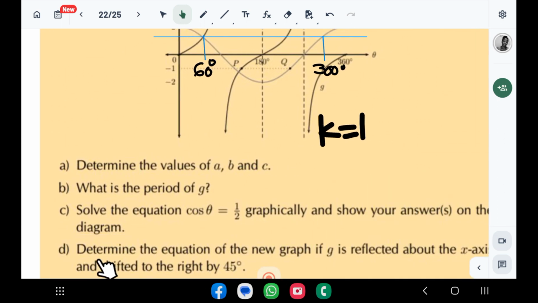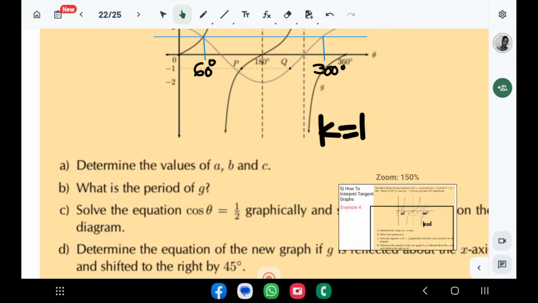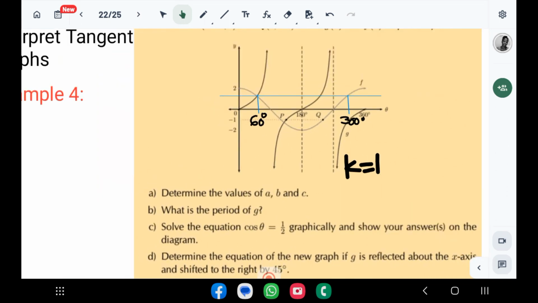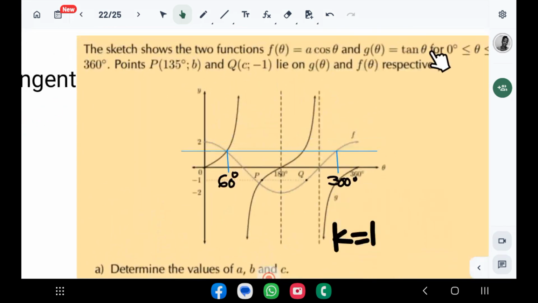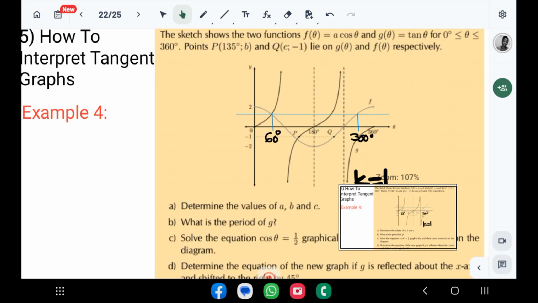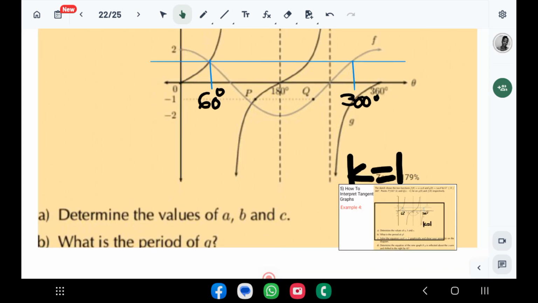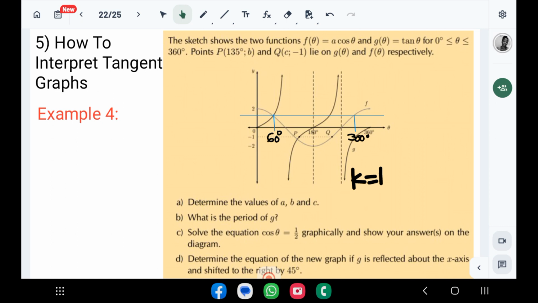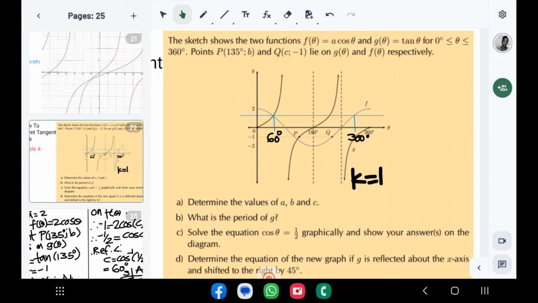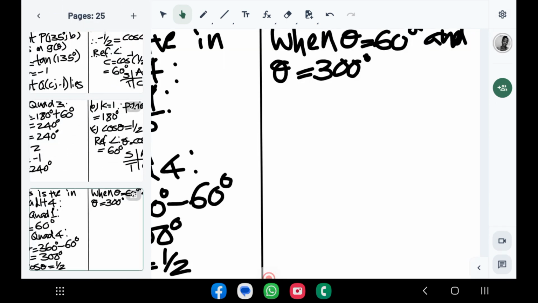Last question, determine the equation of the new graph if G is reflected about the x-axis and shifted to the right by 45 degrees. G is the graph of tan, shifted right by 45 and reflected about the x-axis, meaning that it becomes negative. Here is the new graph.